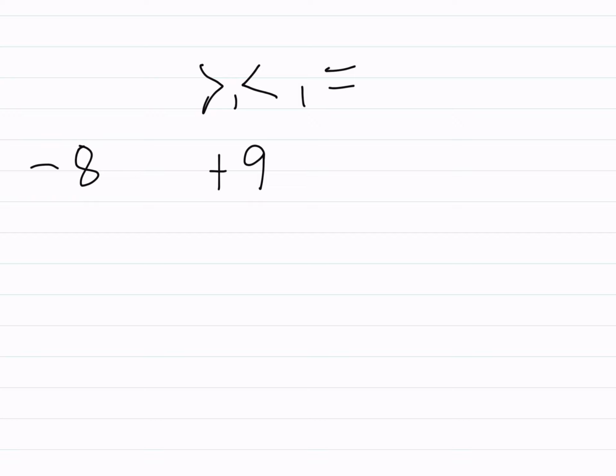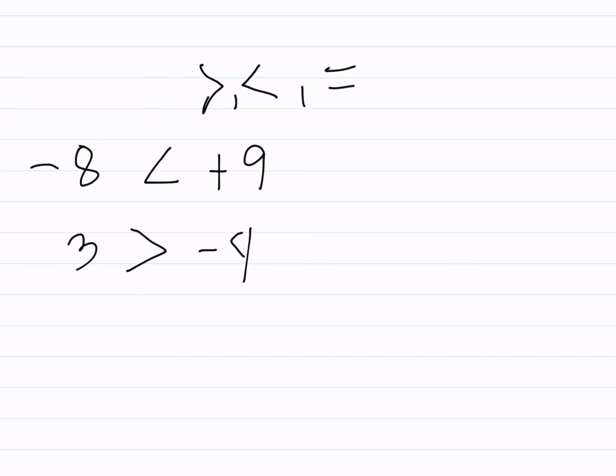And always remember that positive is larger than negative, so we can say that negative 8 is less than positive 9. Next, 3 and negative 4. Since 3 is positive and 4 is negative, therefore 3 is greater than negative 4.